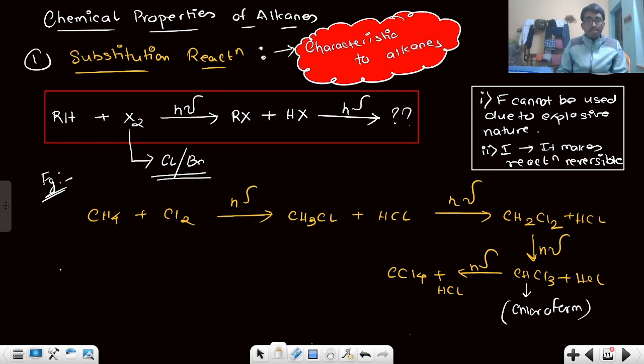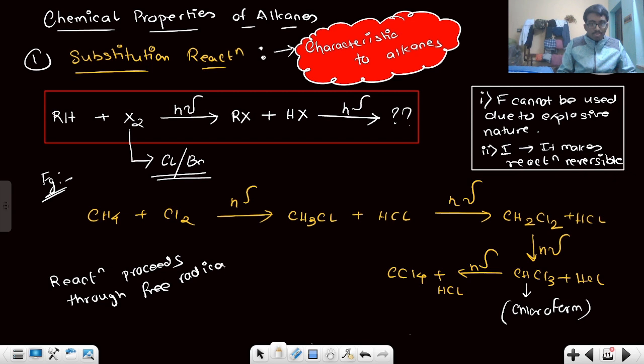This reaction proceeds by free radical mechanism. So please note down, reaction proceeds through free radical mechanism. What is free radical mechanism? For that you have to watch the GOC lecture. Free radical mechanism has been discussed in detail in the GOC lecture.